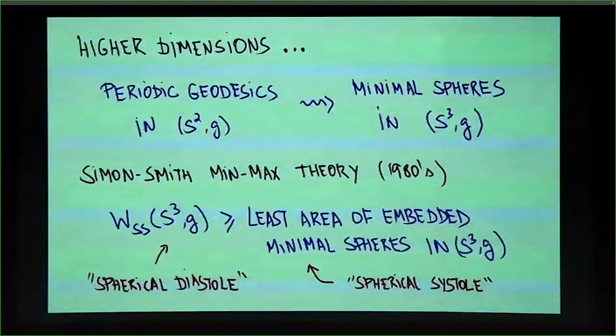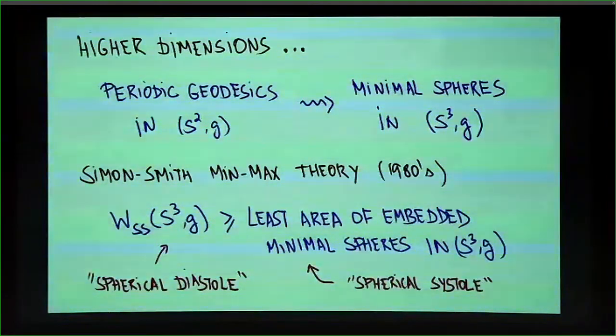And so that's it. Simon-Smith theory gives you the existence of an embedded minimal two-sphere for every Riemannian three-sphere, and moreover, it gives you a way to estimate the area of this minimal two-sphere. So this number is the one that I will call the spherical diastole in this talk. It's not standard terminology, but let's keep the analogy.